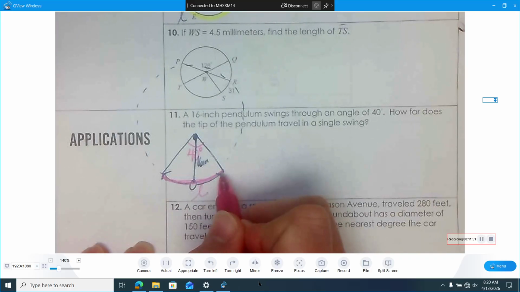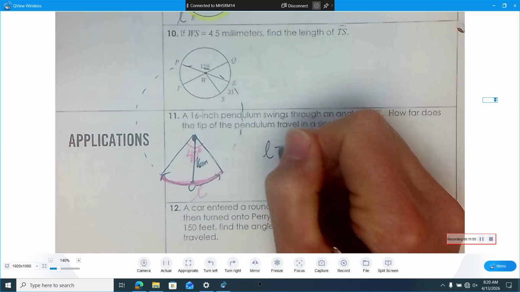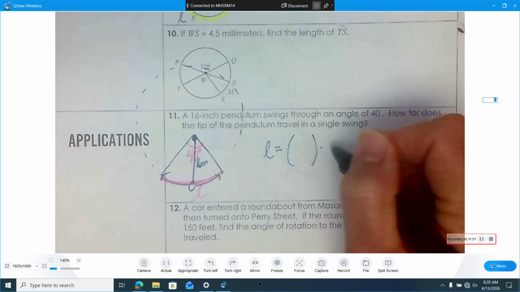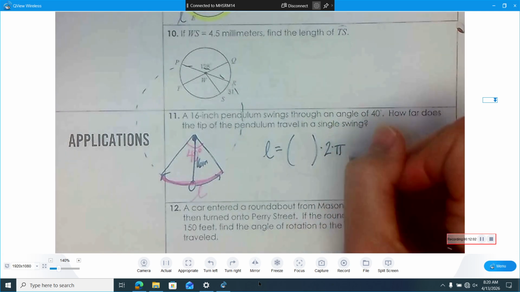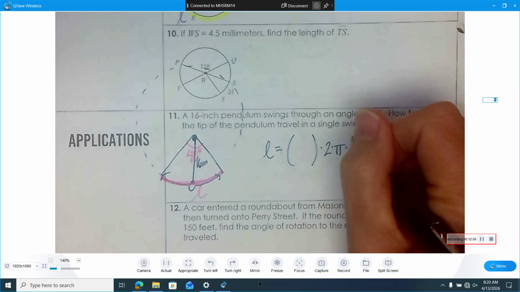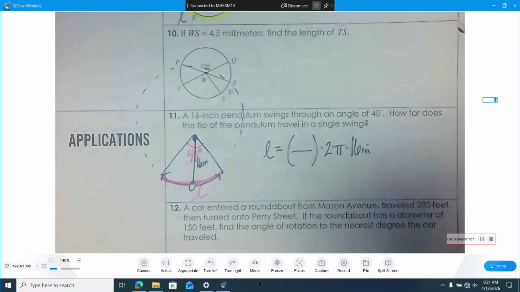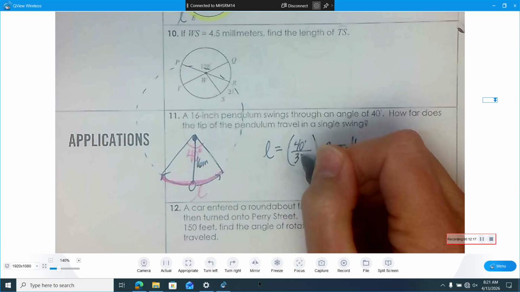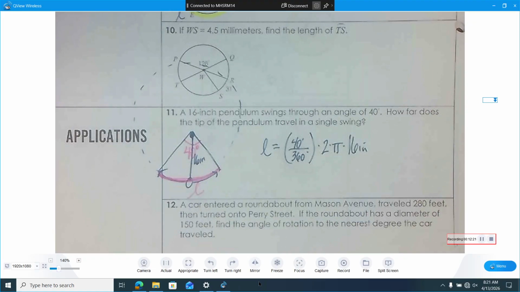So what is this length L, that fraction of a circle? So again, L is simply a fraction of the circumference, 2 times pi times our radius. What is our radius? 16 inches. And our fraction? 40 over 360. Good. So really not too terrible there.